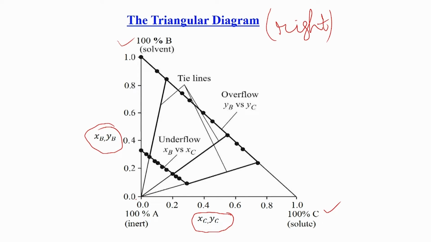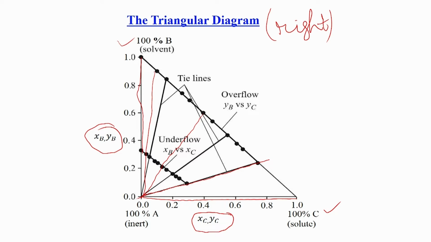This has one additional advantage: whenever we draw any straight line starting from this 0, 0 point, meaning 100% inert, it will cut both the underflow and the overflow, and these are all tie lines. So, on the B axis as well as the C axis, these are also tie line values.